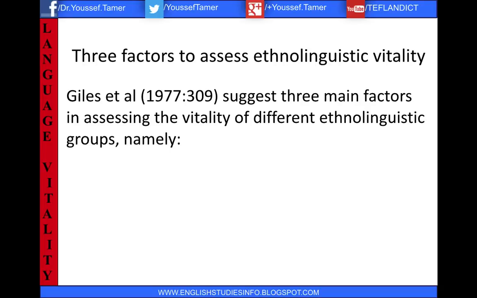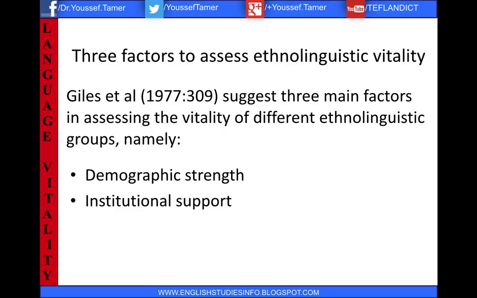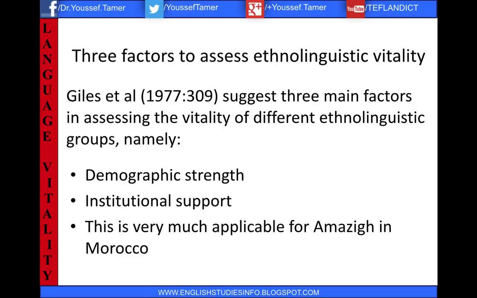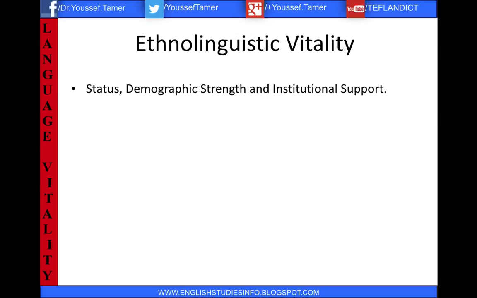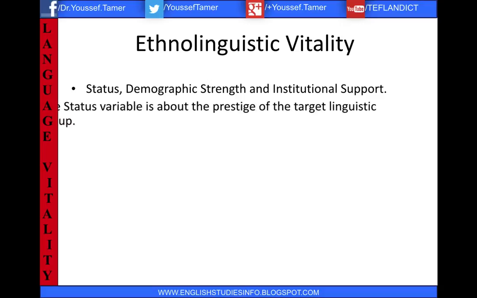And these main factors are demographic strength, institutional support, and status. This is, of course, very much applicable for Amazigh in Morocco. I'm going to explain.